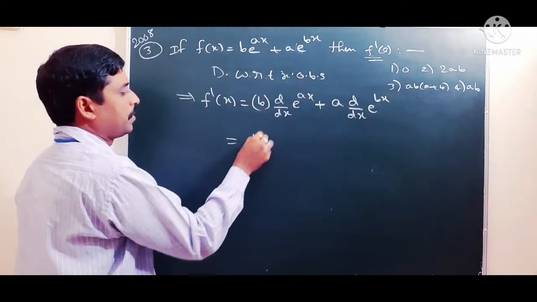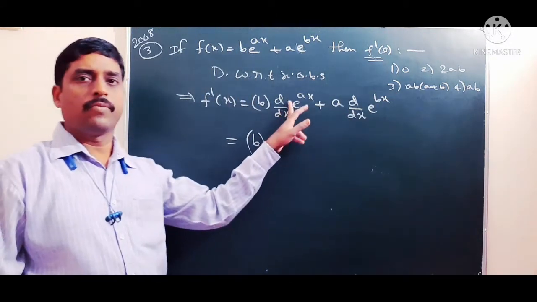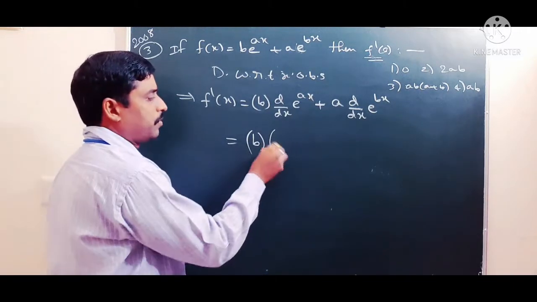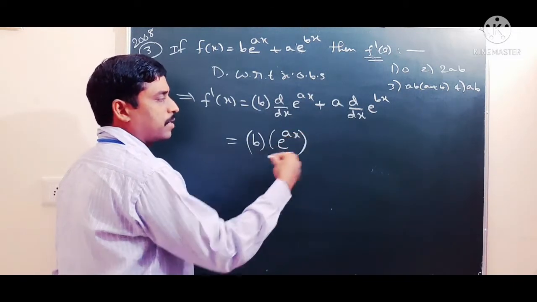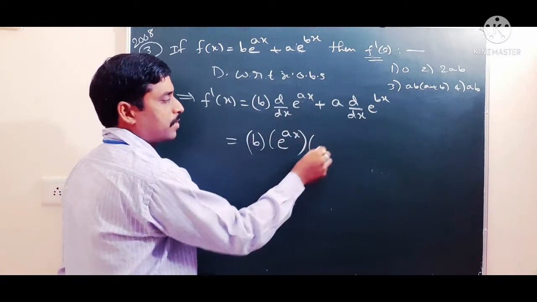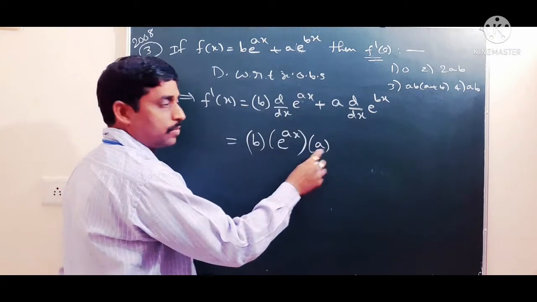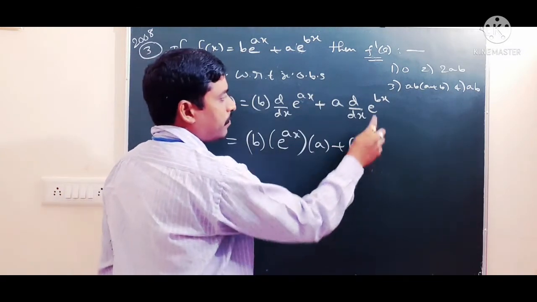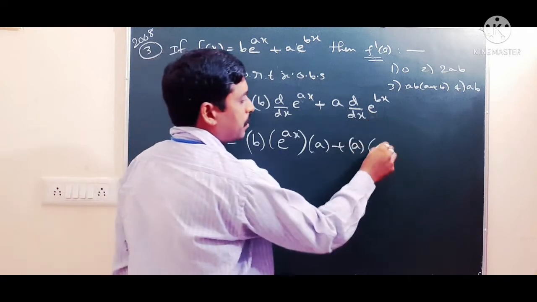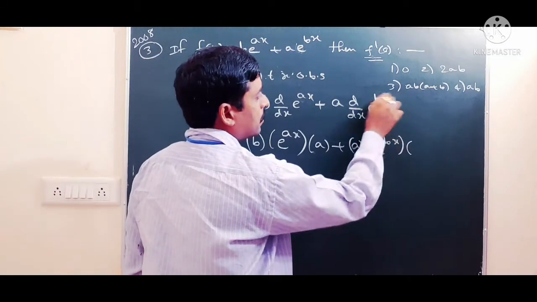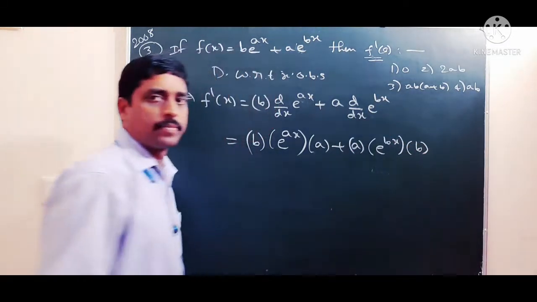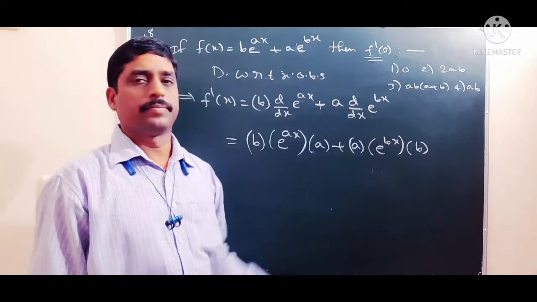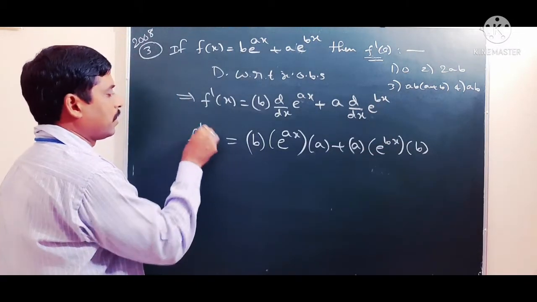This will be b into the differentiation of e to the power ax, but the differentiation of ax is a by using the chain rule. So a into the differentiation of e to the power bx, into the derivative of bx, which is b because the derivative of x is 1.